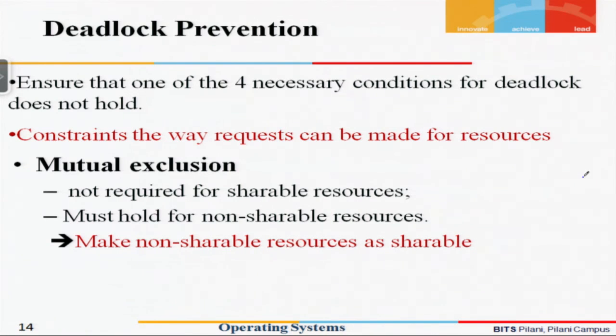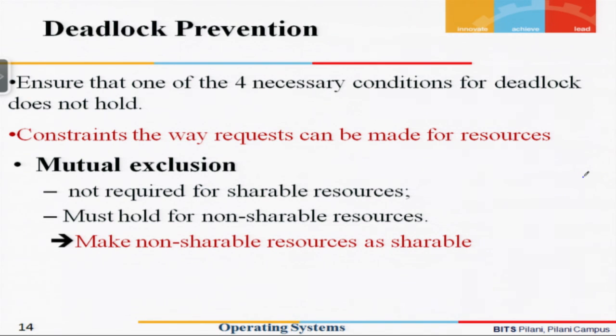We require mutual exclusion because there are non-shareable resources, and there are shareable resources. For shareable resources, mutual exclusion is not required, so they would not cause deadlock to occur. But we have a set of resources which are non-shareable, and for non-shareable resources mutual exclusion is required. So what can be the approach?